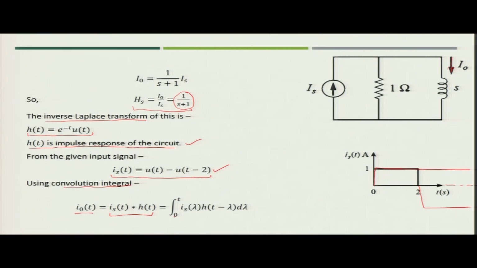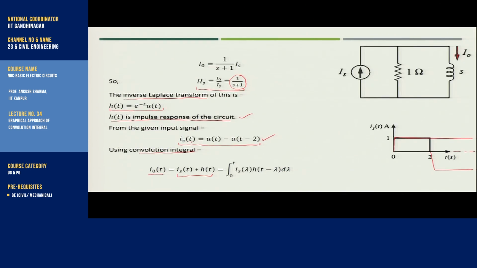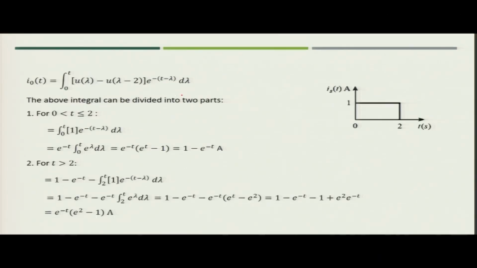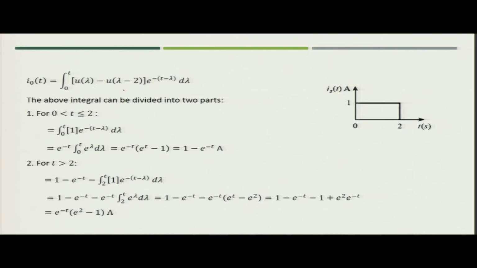We can write the integral from 0 to t of Is lambda h t minus lambda d lambda, taking the dummy variable as lambda. We put the value of Is, that is u lambda minus 2, which we calculated, and multiply by e to the power minus t minus lambda d lambda, again the value which we computed. So, we now have the convolution integral ready to be solved.